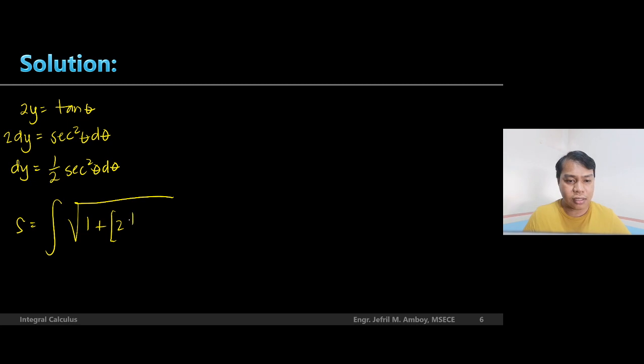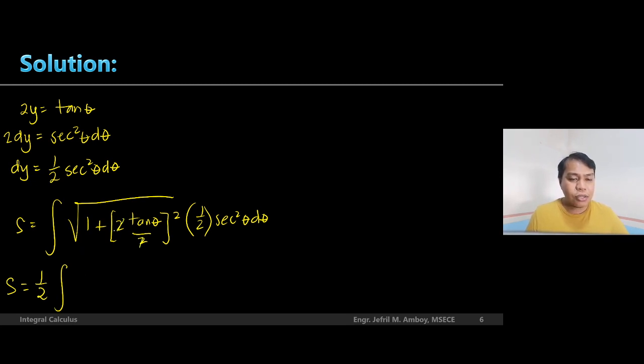So that's just tangent theta over 2, squared, and then dy. Our dy is 1/2 of secant squared theta d theta. Let's simplify to make it look nice. The 1/2 I'll put outside the integral. This cancels, so this is 1 plus tangent squared theta.